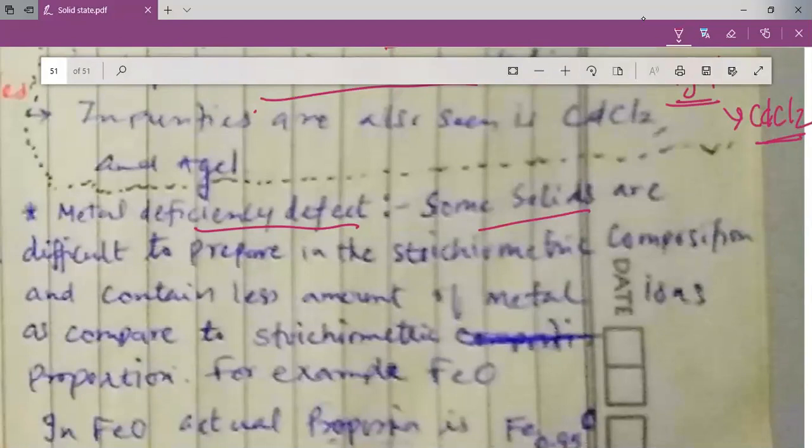Sometimes some impurities of Fe3+ remain inside, and for two Fe3+ ions, one Fe2+ ion remains vacant, and due to that the proportion, which was Fe1O1, the stoichiometric proportion, has decreased to Fe0.93 to 0.96 and O1, and this is how the stoichiometric proportion is decreased. Due to the decrease in the stoichiometric proportion, my dear students, the metal deficiency defect is created.